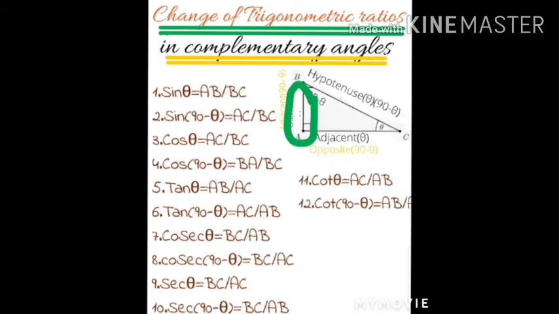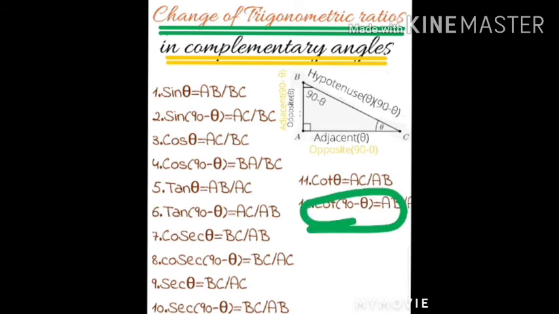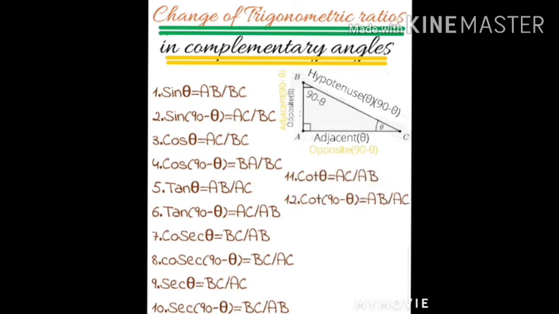With reference to 90 minus theta, adjacent side is AB and opposite side is AC. So cot 90 minus theta will be AB by AC. Friends, till now we have taken all trigonometric ratios with reference to theta and 90 minus theta. Now we are going to take the common terms and equate.